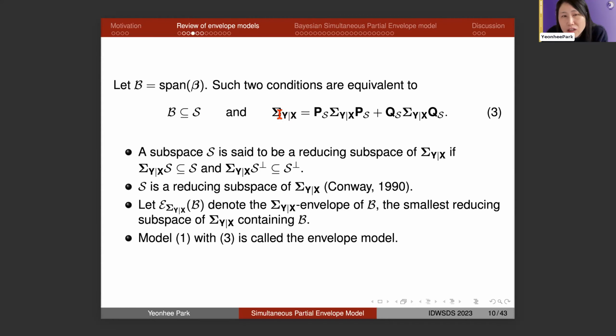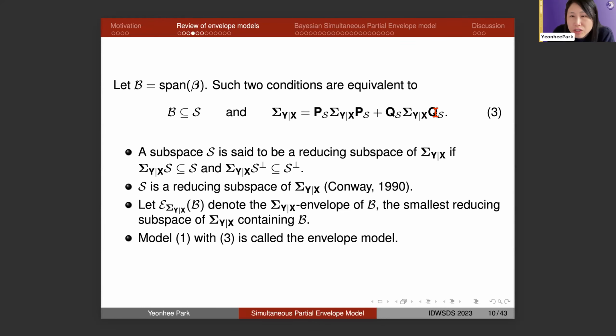It means that immaterial part, which is the orthogonal to the space S, which is the basis for the complement of S, will not provide any information for estimating beta. And the second condition, the independence, provides us such a decomposition of the variance sigma with the variability due to material part PY and variability due to immaterial part QY.